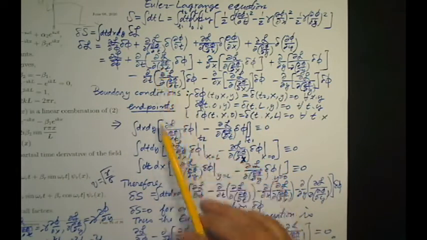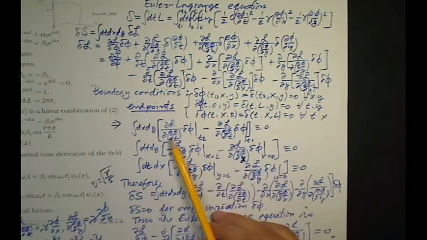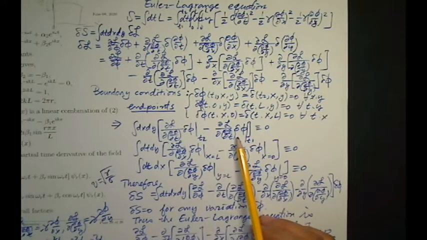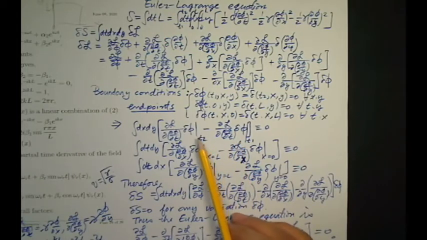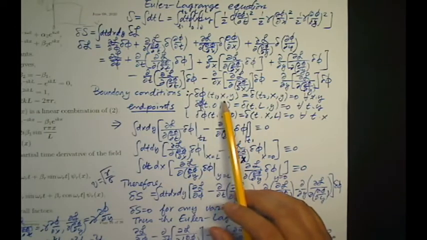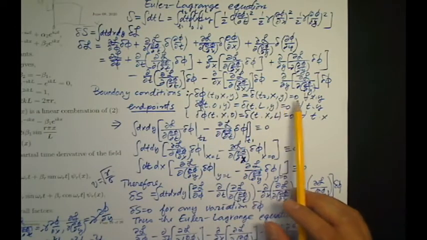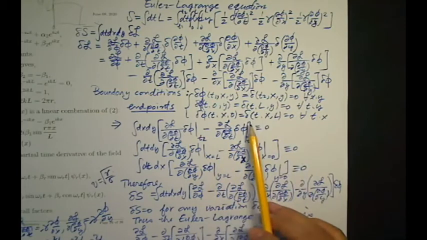After the t integration, this contribution becomes this, and after the t integration, the variation at the endpoint appears. The variation at the endpoints at T1 and T2 vanishes, so this contribution vanishes.